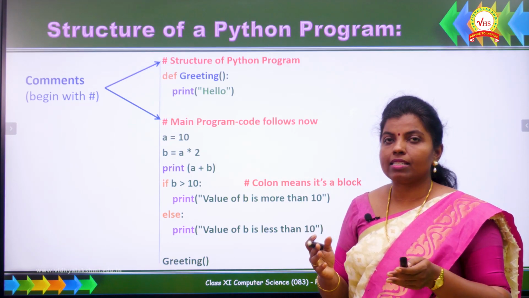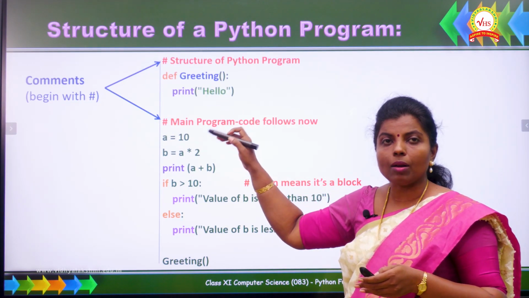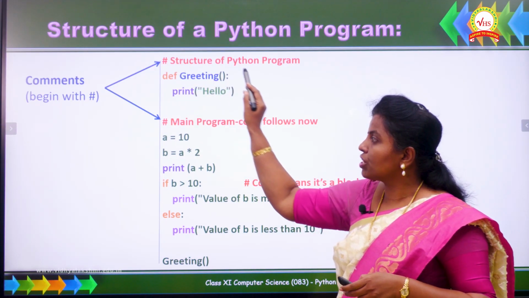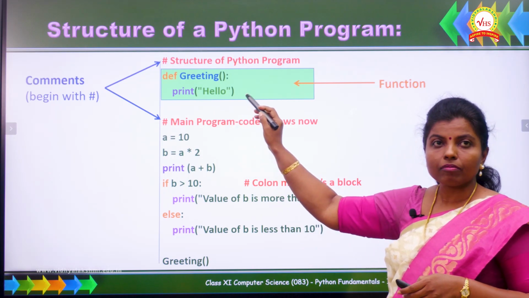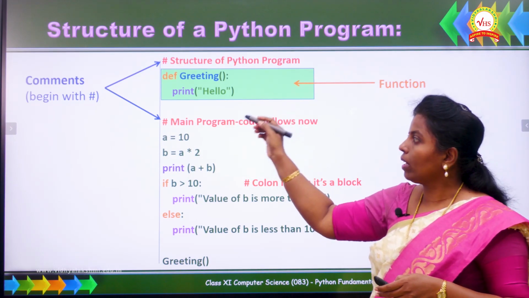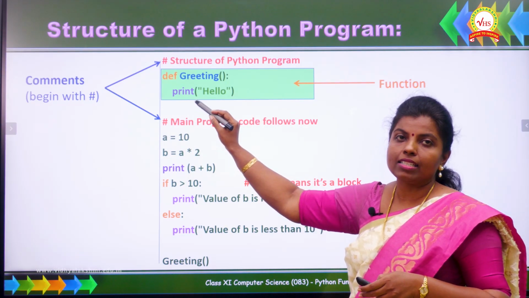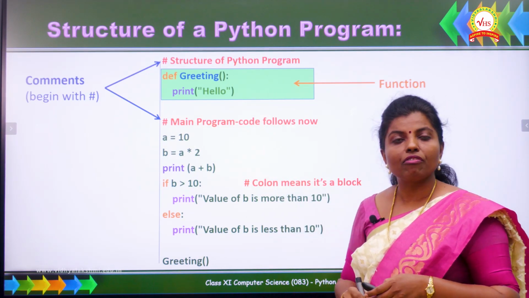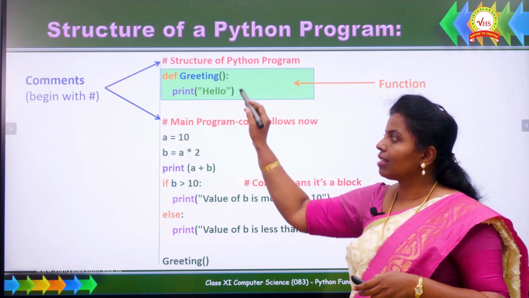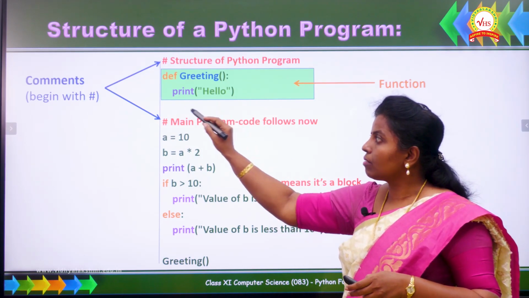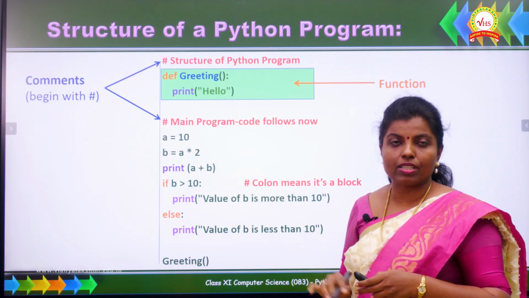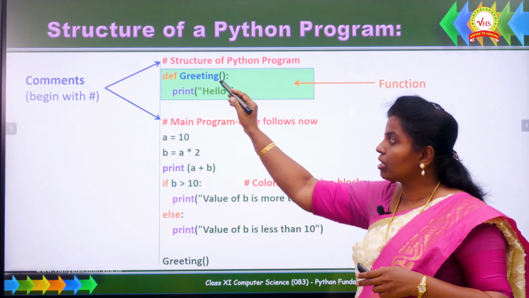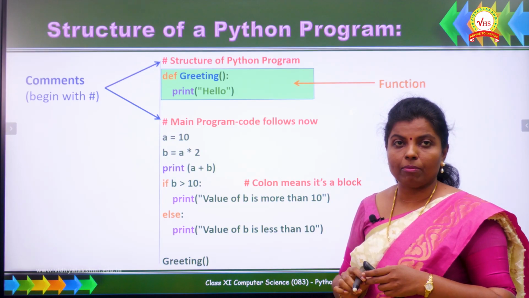So here we have a function definition: def greeting colon, including the indented statement under that. The entire thing is usually called a function definition. This function definition will not be executed when defined; it will be executed only when this function is called.